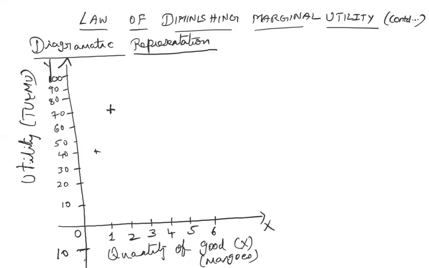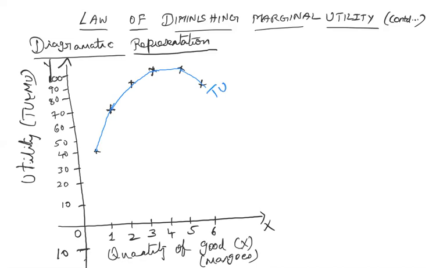Third unit, 90. Fourth unit, 100. Fifth unit also 100. And the sixth unit, it is falling down to 90. Now, if you join these points, you are getting the curve. That curve is the total utility curve.